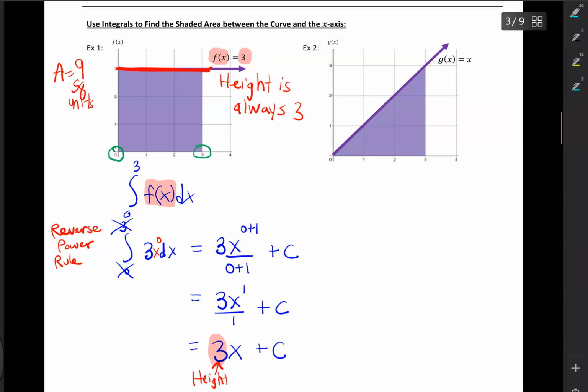And then the x, the width of my rectangle, changes based on how many rectangles I cut it up into, right? So this is like the width of my rectangle. So see how we created the formula, length times width, or in this case, height times width? We created that formula. We have a variable in there because I could break it into 3 rectangles. I could break it into 6 rectangles. I could break it into 100 rectangles. We just created that right there.